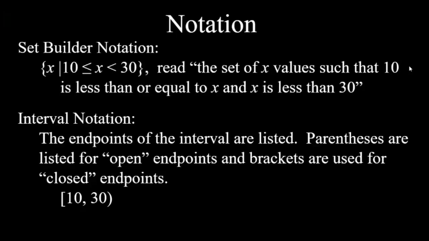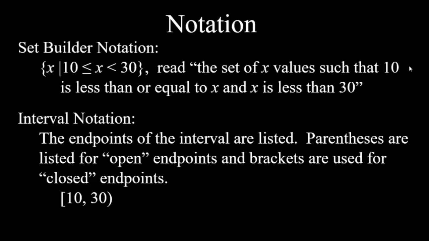So the set of x values such that, and the way I would say this is x is between 10 and 30, including the 10, but not including the 30. Or you could just read it exactly as it looks: the set of x's such that 10 is less than or equal to x, which is less than 30. That's another way to read it as well.